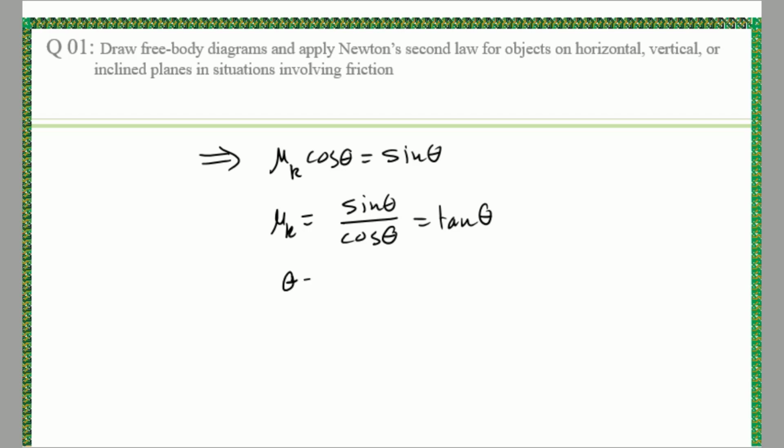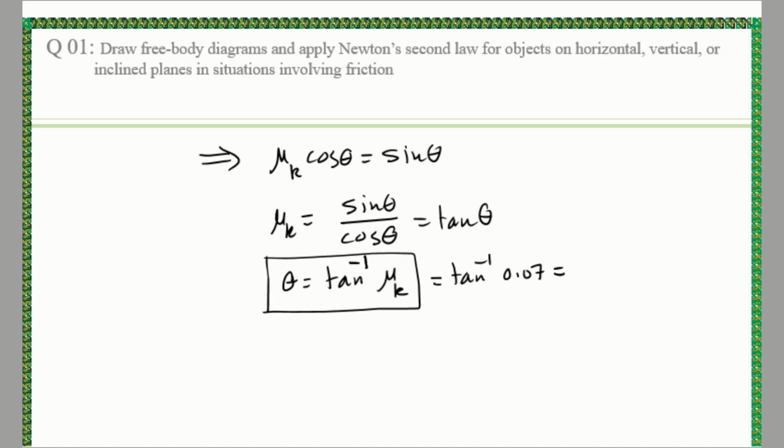And theta here is tan inverse of mu k. This is our solution. Mu k is 0.07. So shift tan 0.07, the answer is 4. So if the angle is 4 degrees, the acceleration may be maximum.